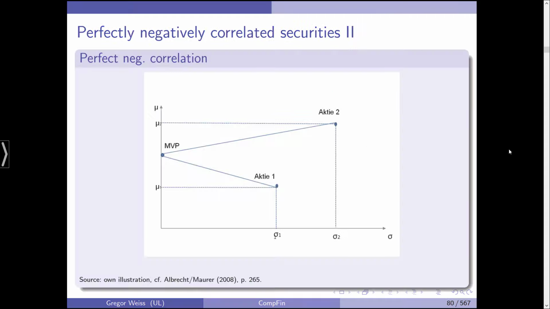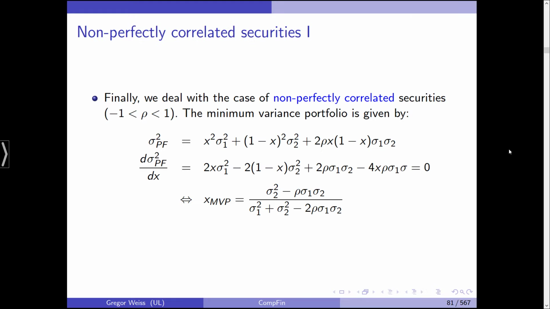And as you can imagine, if we started out as a straight line between securities 1 and 2, and we ended up with a hyperbola, and then it was tilted even further to a triangle, obviously, in case of a correlation between 1 and -1, we have a hyperbola that is somewhere in between these two areas. So in case we have rho between 1 and -1, we also can calculate the minimum variance portfolio, and it's somewhere between those two extreme cases.